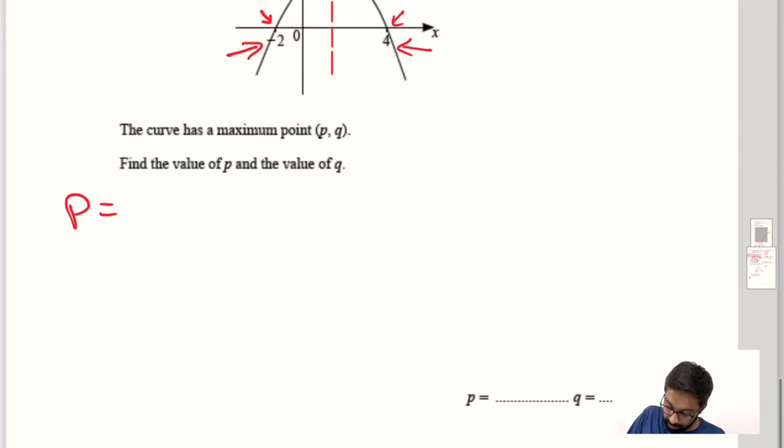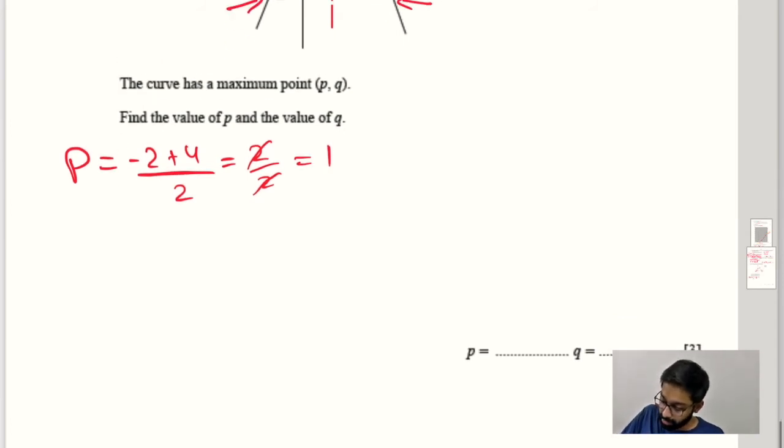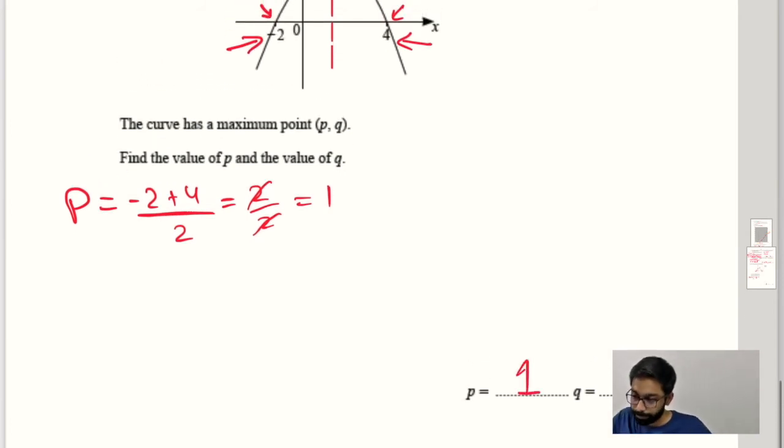So what I do is I add -2 and +4 and I divide them by 2 to get the value of P, because since it's exactly in the middle, I divide their sum by 2. P comes out to be 2 divided by 2, which is 1. Simple. So we have the value of P. P is 1.